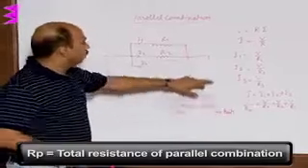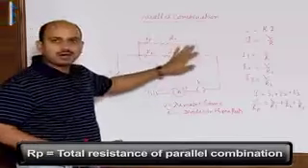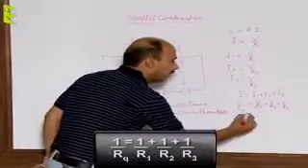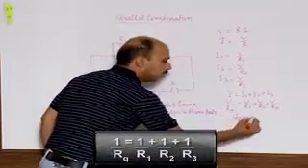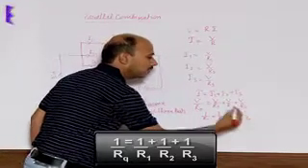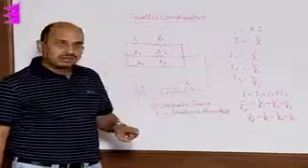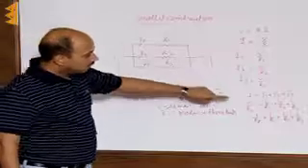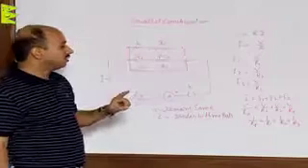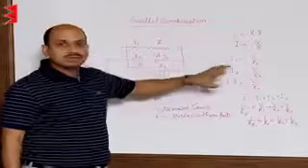Rp is the total resistance of this one. It means this is the combined resistance of R1, R2 and R3. So now we can cancel V here, and we will be getting 1 upon Rp is equal to 1 upon R1 plus 1 upon R2 plus 1 upon R3. So total resistance is actually the sum of the reciprocal of each resistor. That means total resistance is less than the value of any individual resistance.